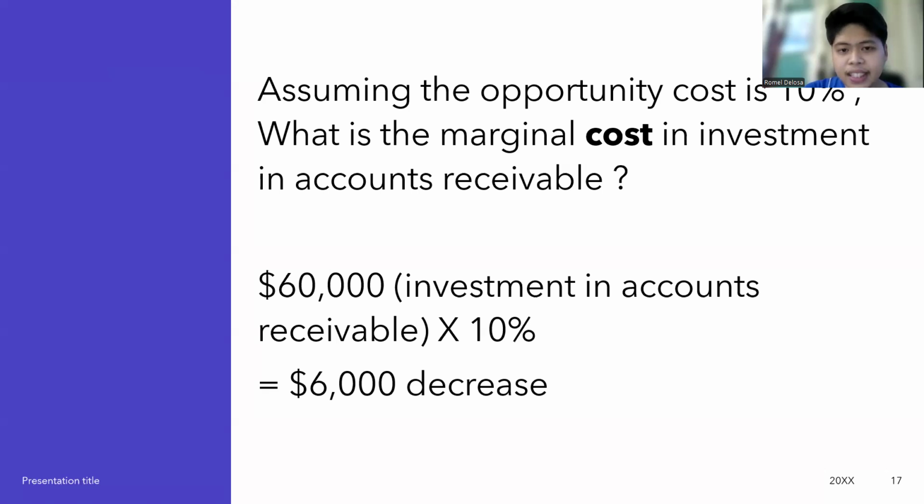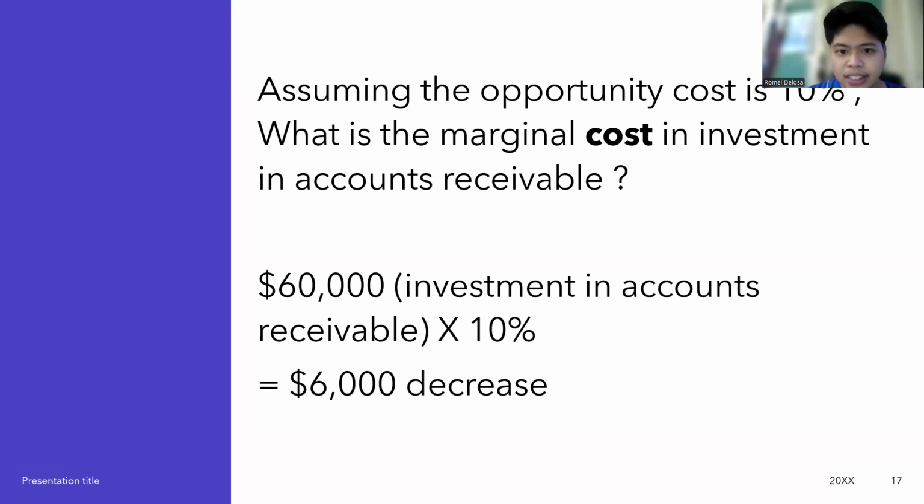Assuming that the 60,000 has an opportunity cost, let's say you can use it for investments that will give you a 10% return. You can use it for other things that will give you a 10% return. So what is the marginal cost in investment in accounts receivable? The answer is 6,000. Okay? The answer here is 6,000.